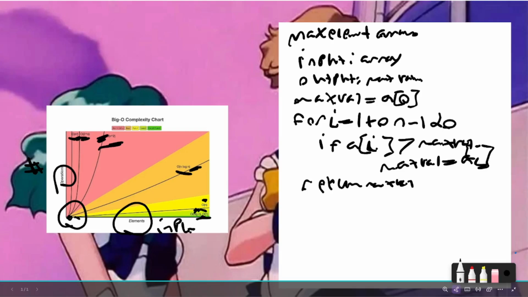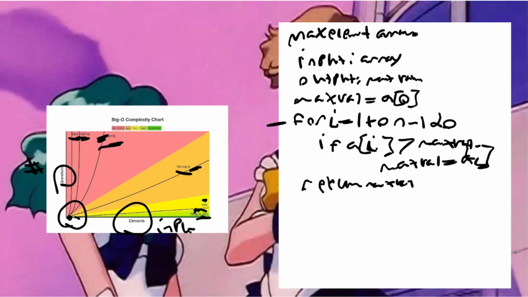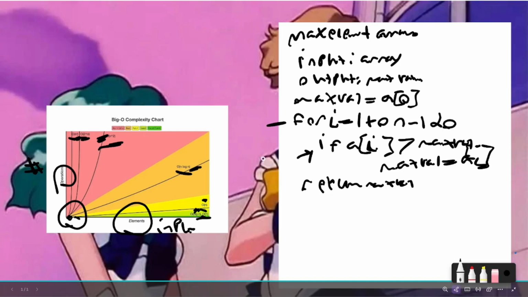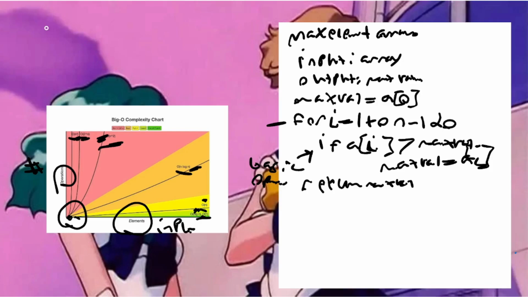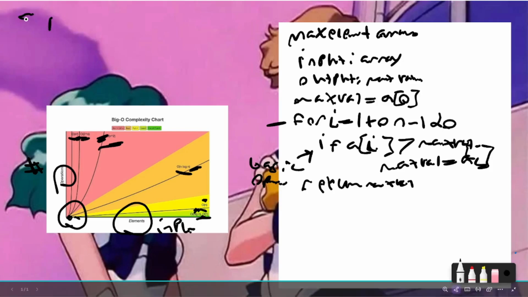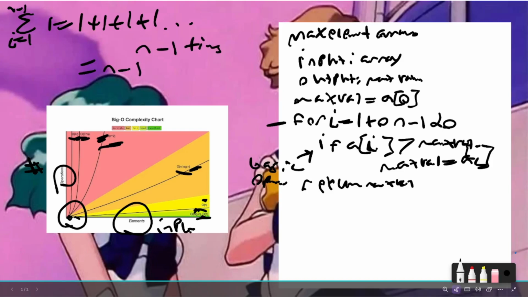Now we can see this is our loop, and we want to look inside the loop for a basic operation that will run every time with the loop. We can see this comparison fits that. So this will be our basic operation, and it's only one, and it's only running one time. So we can set up a summation formula with n minus 1 and i equals 1. This translates to 1 plus 1 plus 1 plus 1 ... n minus 1 times, which is just equal to n minus 1.